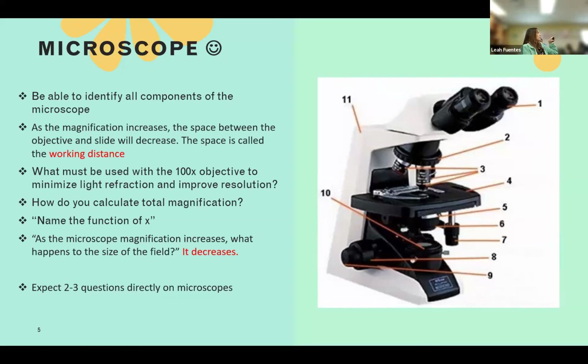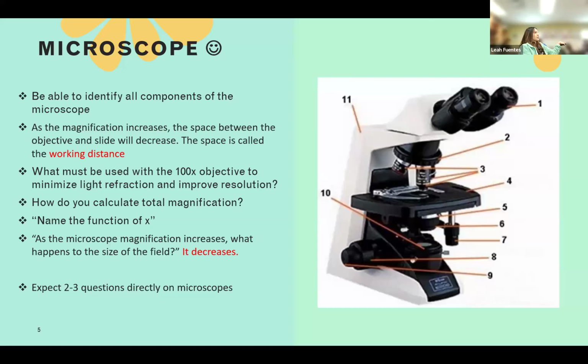I heard someone say oil. What type of oil? Immersion oil. Good. And then another one, how do you calculate total magnification? We use 2 specific parts of the microscope. What was it?